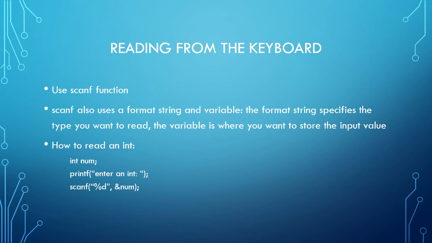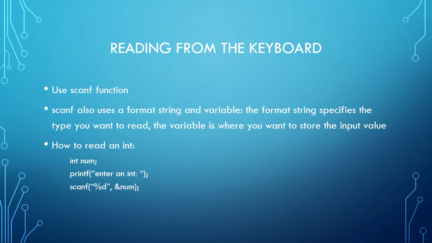So here's a simple example that shows how to read an int. If we have a variable num, we prompt for an int, and then in the scanf, it looks almost like the printf. Scanf, the format string with the %d, and then the variable.